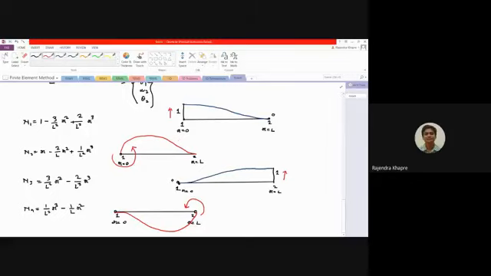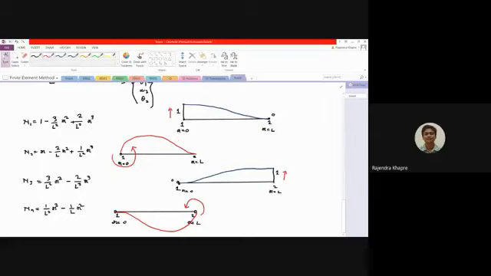This is not applied over here because n2 and n4 are related to the rotation. But if you consider n1 and n3, if you add n1 and n3, you will always get 1, because they are related to the displacement part. So in this way you can get the variation of the displacement.